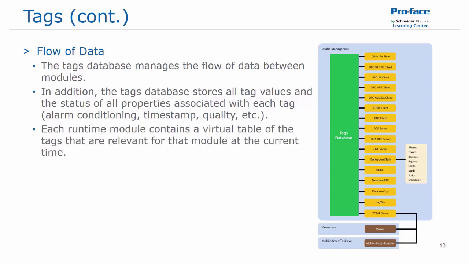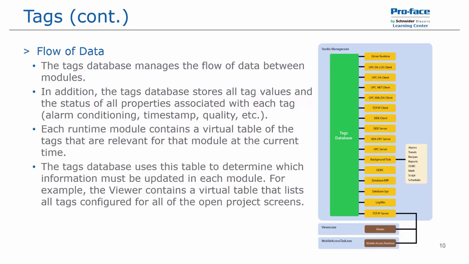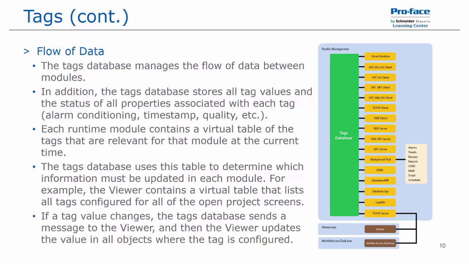Each runtime module contains a virtual table of the relevant tags for that module, and the tags database uses this table to determine what information must be updated in each module. For example, the viewer contains a virtual table that lists all of the tags configured for all of the open project screens. And if a tag value changes, the tag database then sends the message to the viewer, and then the viewer updates the value on all objects where the tag is configured.